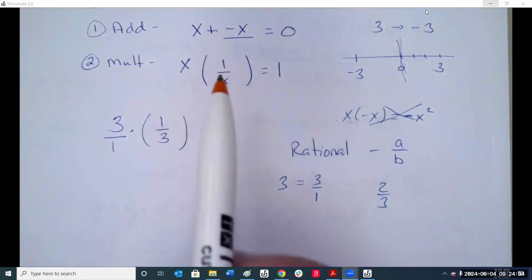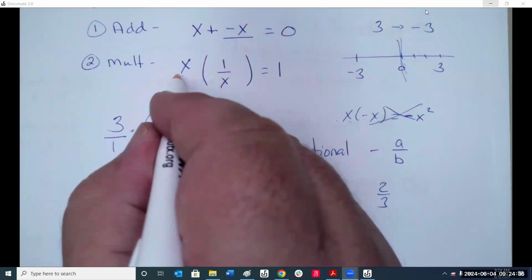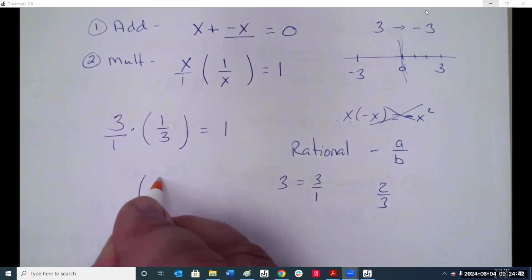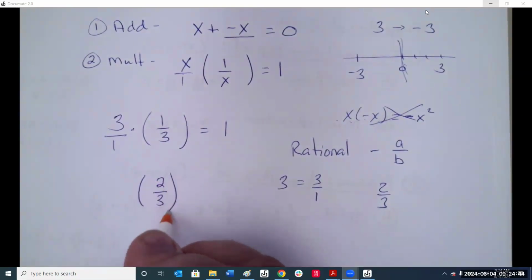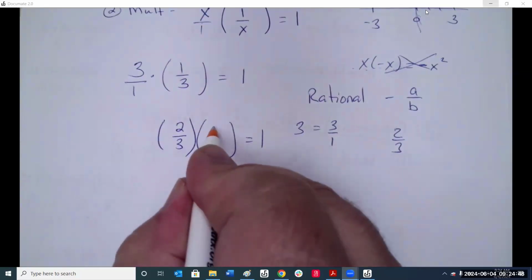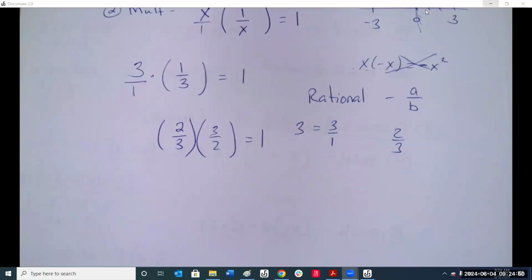So the inverse of a multiplication is simply the flip of it. What would the inverse of 2/3 be? 3/2, right? It's the flip of it.